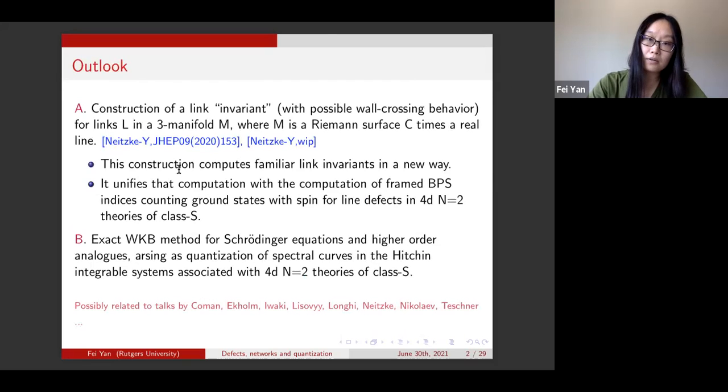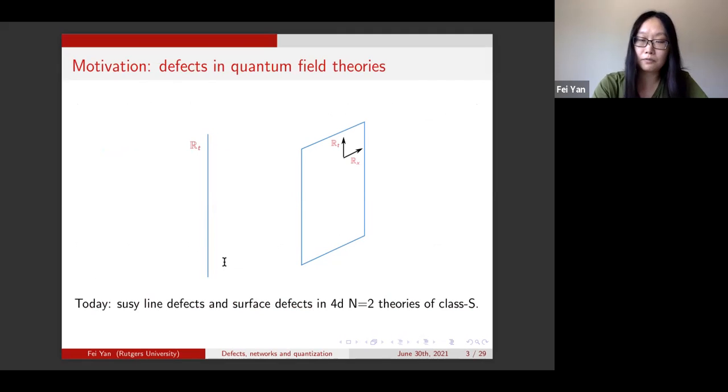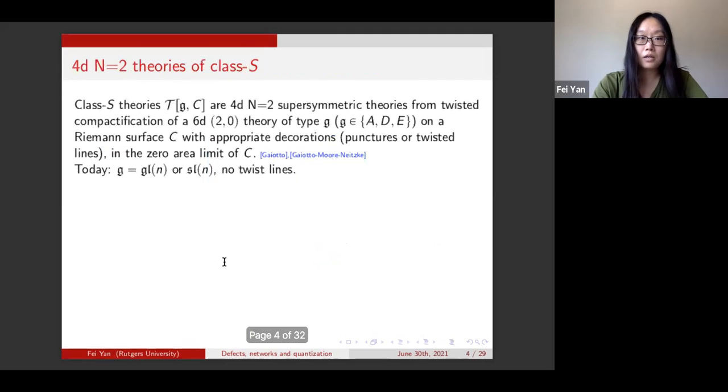In particular, part A of the talk is about lines, and part B of the talk could be motivated from surface defects. So let me first just say a few words about class S theories, of which Andy already, among others, gave a review. I'm sorry for repeating this part.